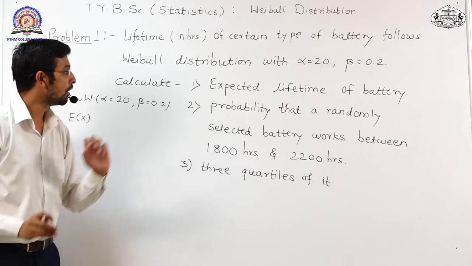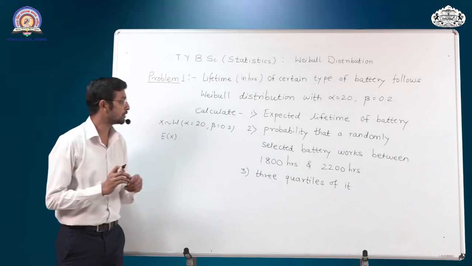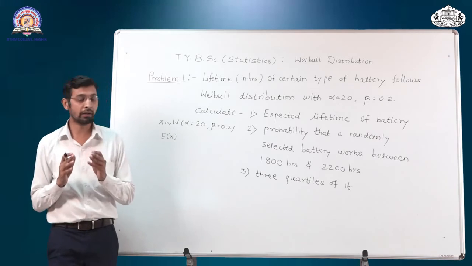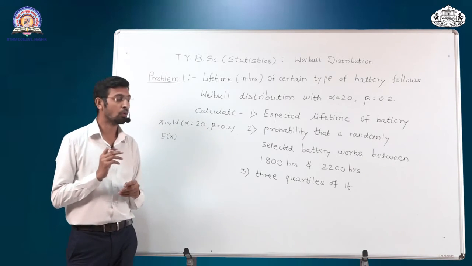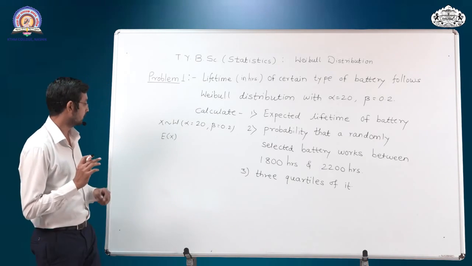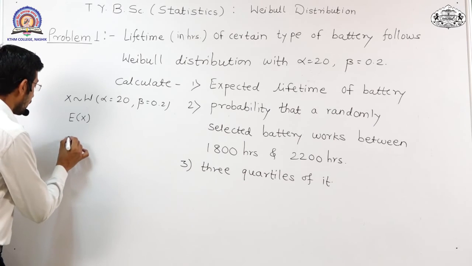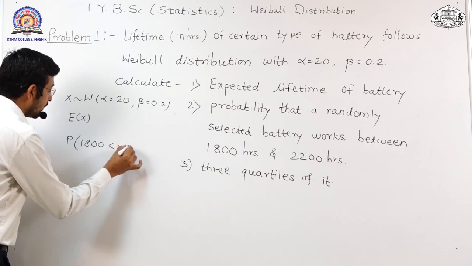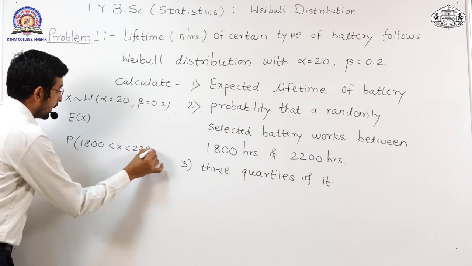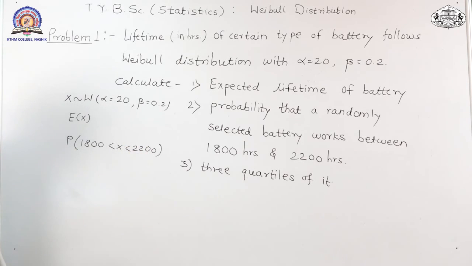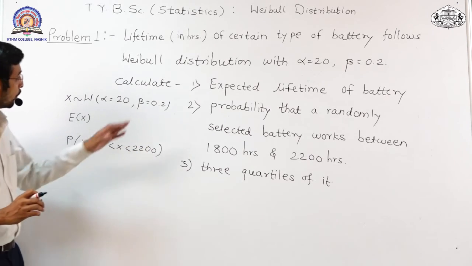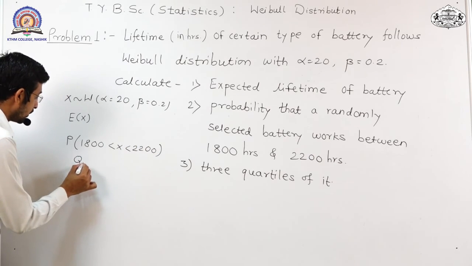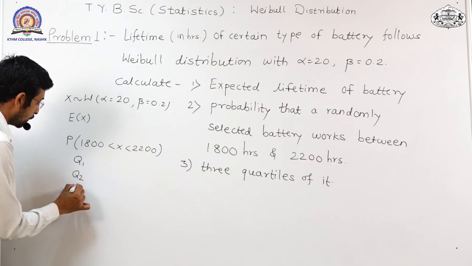Then further we have asked the question: the probability that a randomly selected battery works between 1800 to 2200 hours. So that means here we want to find the probability that X lies between 1800 and 2200, and further we want to find the three quartiles, that means Q1, Q2 and Q3.